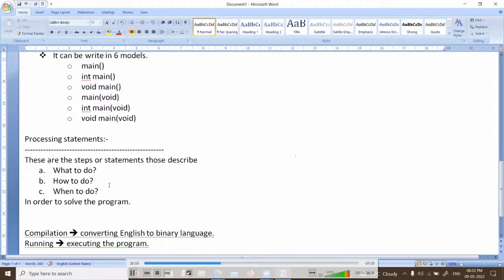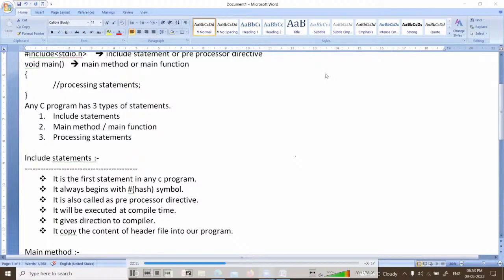So to tell that a line of code was completed, we use a semicolon. Any doubt? Good. The semicolon is called the statement terminator.